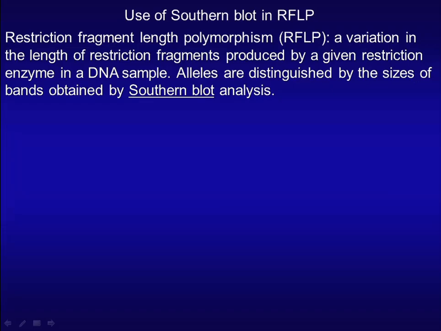Southern blot has been used in determination of restriction fragment length polymorphism, or RFLP. RFLP is a variation in the length of restriction fragments produced by a given restriction enzyme in the DNA sample. Alleles are distinguished by the size of bands obtained by Southern blot analysis.